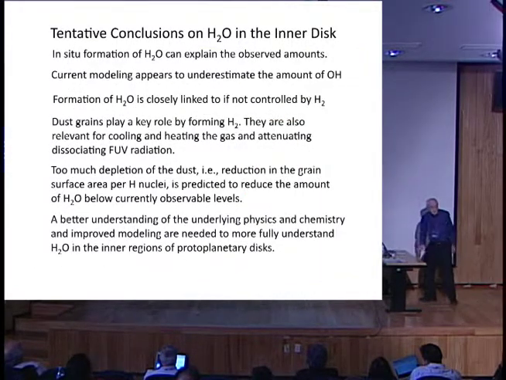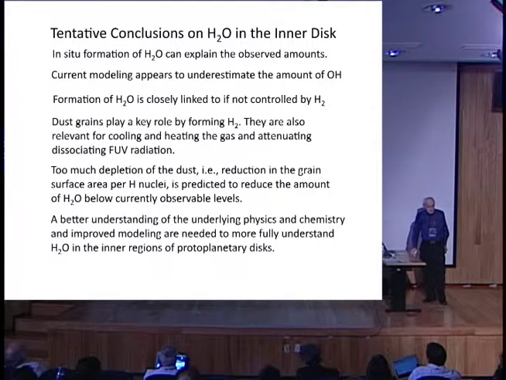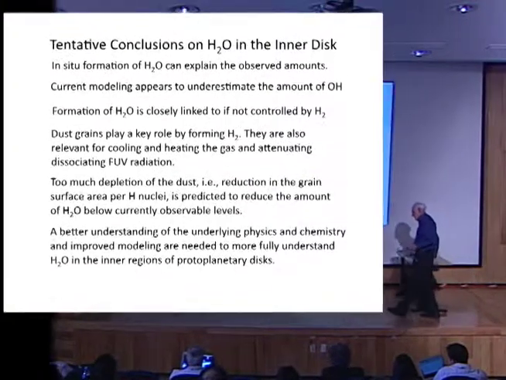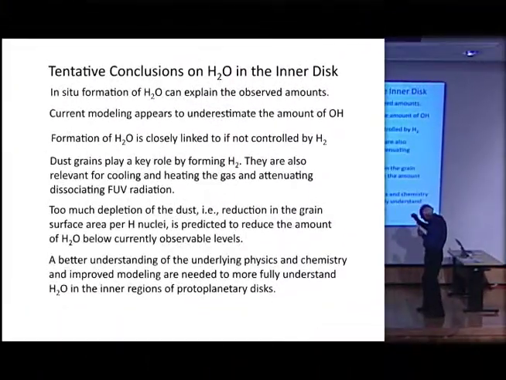So I'm now at the conclusion part, and sorry I didn't get enough time to talk more about the details of the water situation, but the best positive conclusion I can make is that the models show that you can make a substantial amount of water, like 10 to the 45 water molecules, which is, maybe that's the Mediterranean Sea or something.